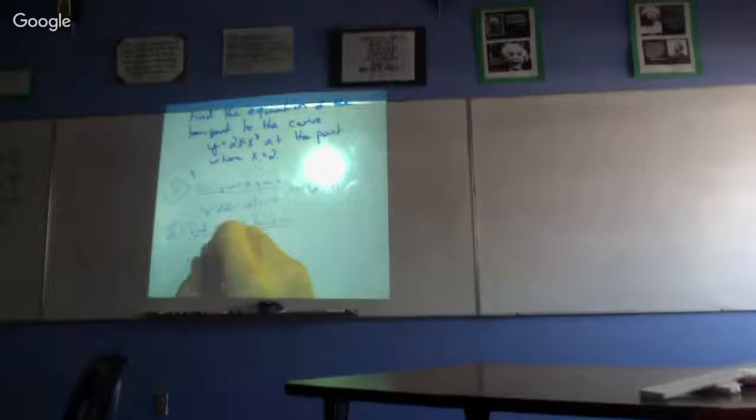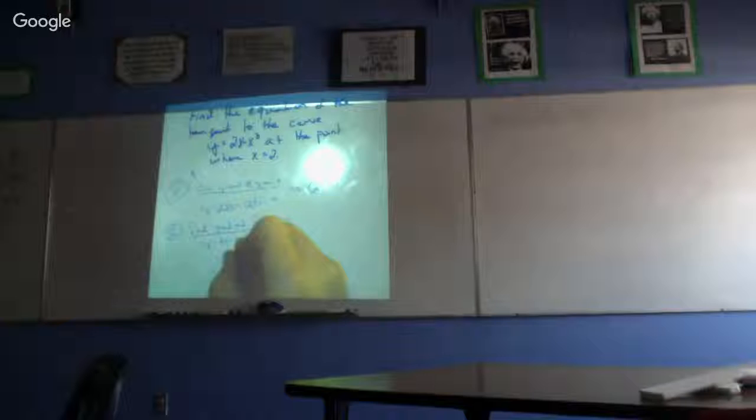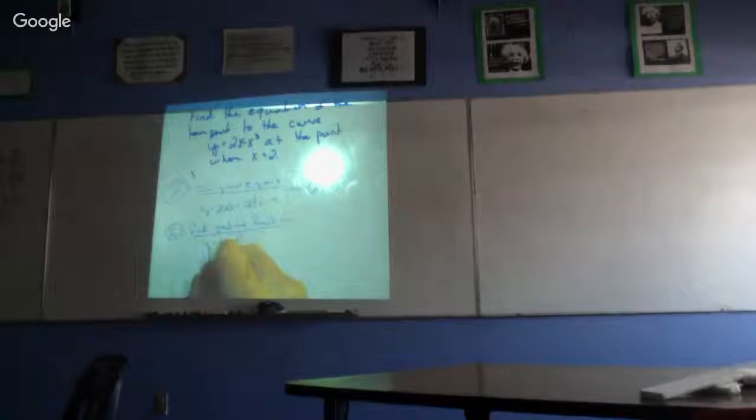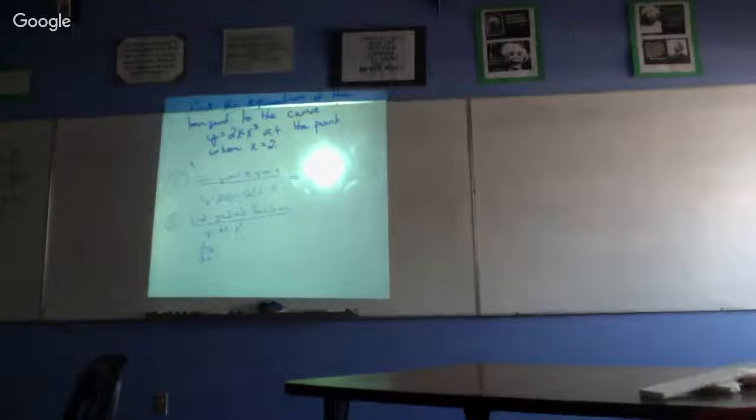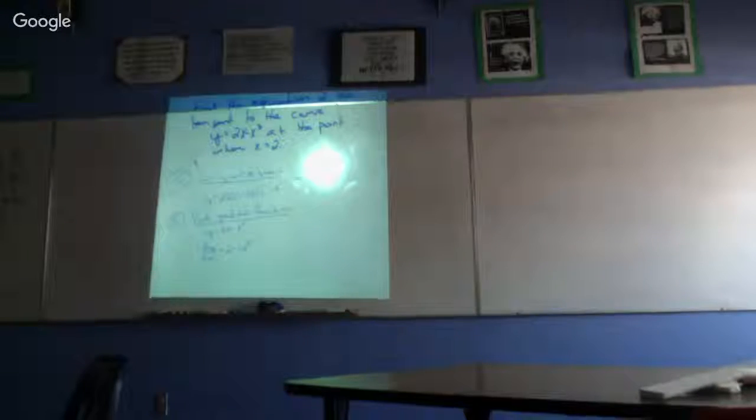So if y is equal to 2x minus x cubed, then we need to find dy dx, the derivative of y with respect to x. Well, the derivative of y with respect to x is 2 minus 3x squared.